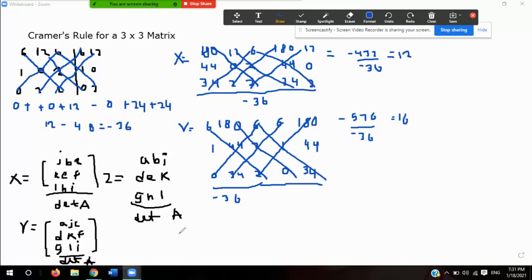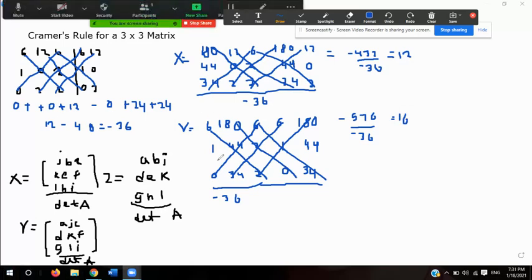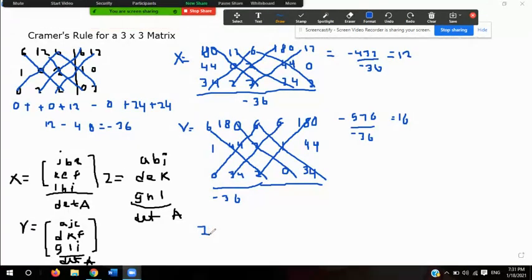And now we're going to do the last one, which would be technically the value of z. So with z, our matrix would be A, B, and I. One second, ladies and gentlemen.